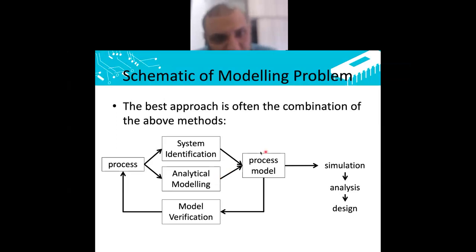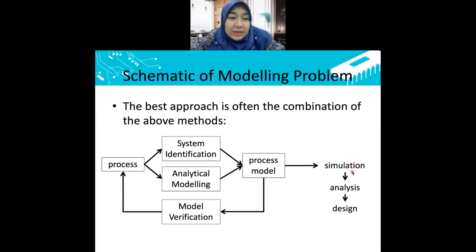Once you have modeled the process using system identification combined with the analytical model, you can simulate the system and verify whether the process is correct or not. If it's correct, then you can utilize the simulation for analysis and also to design a controller that can control the system. So the basic idea of getting the model of the system is that we want to design the controller to control the system.